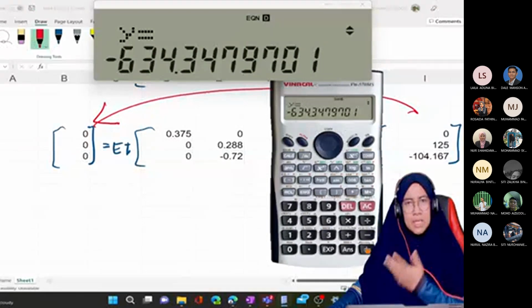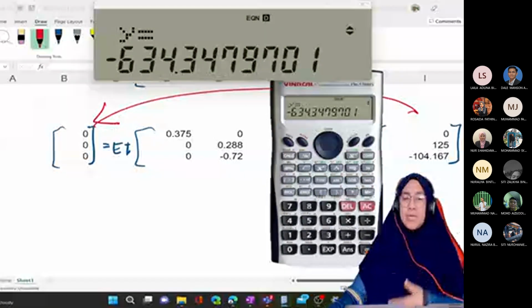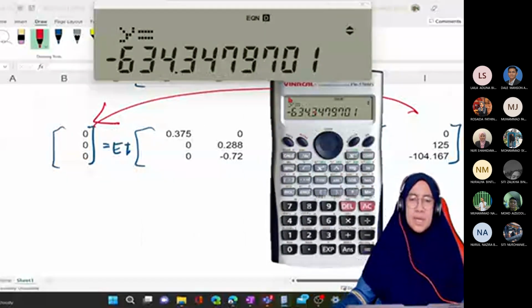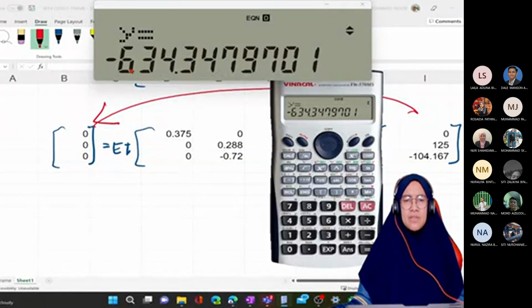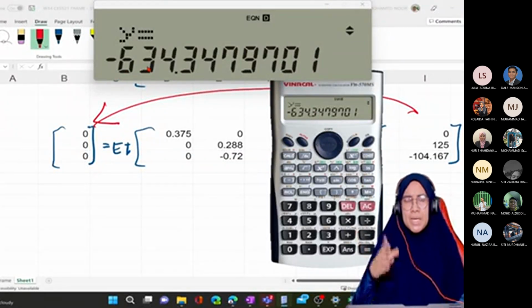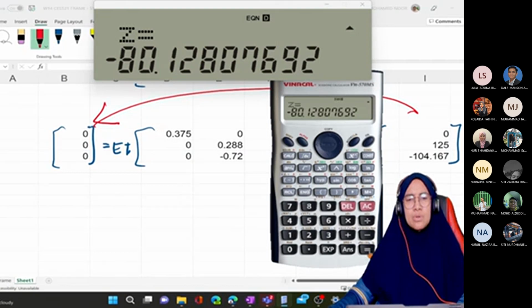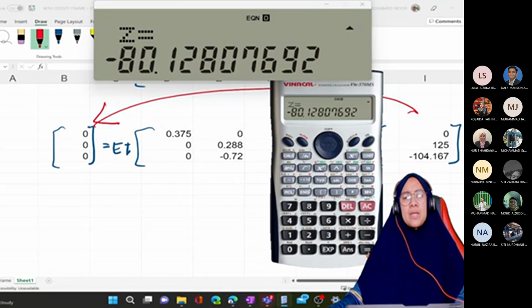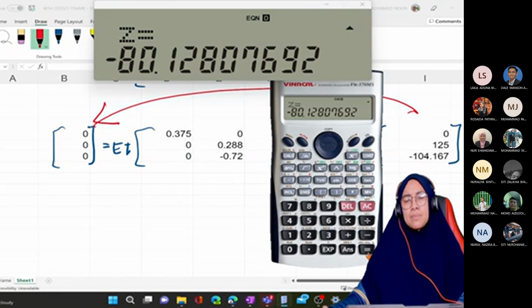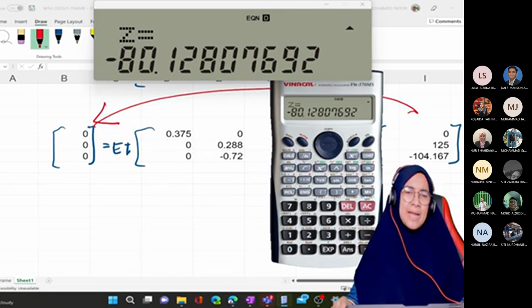So D1 is 0. D2 is negative 634 per EI. And D3, which is rotation, equals negative 80.128 over EI radian.